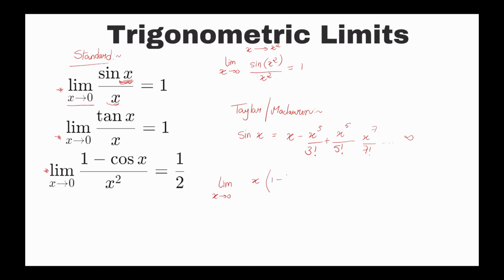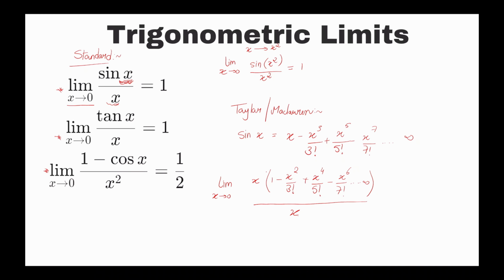So it would become 1 minus x square by 3 factorial plus x to the power 4 by 5 factorial minus x to the power 6 by 7 factorial, and this would go on up till infinity, right? And below we have x. Now in this entire expansion which is inside the brackets, you know that in each and every term there is going to be an x value which is going to be of some power or other, right?